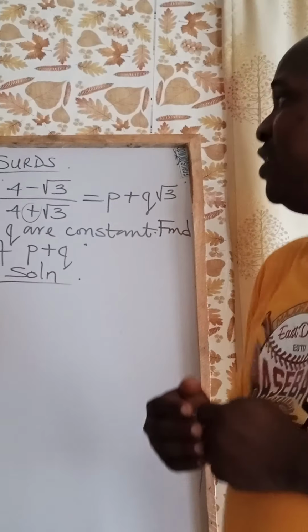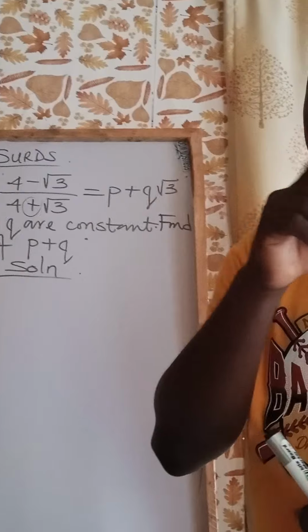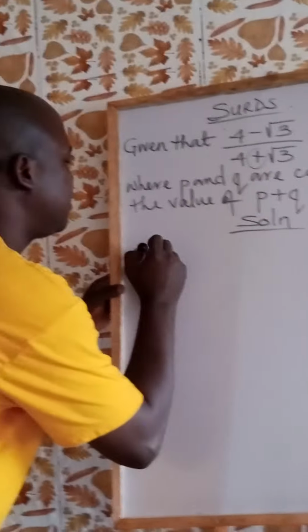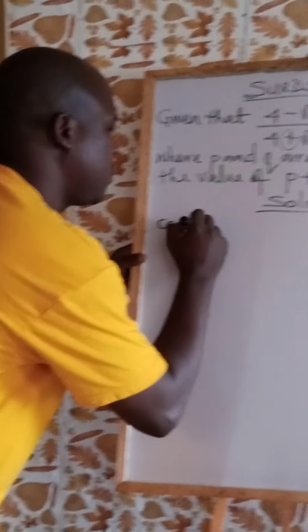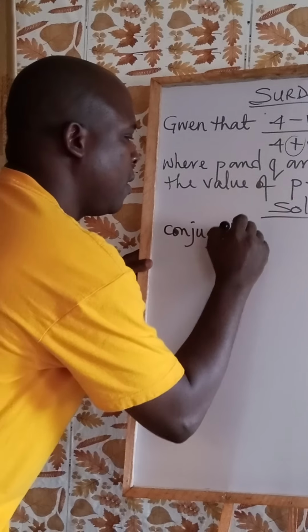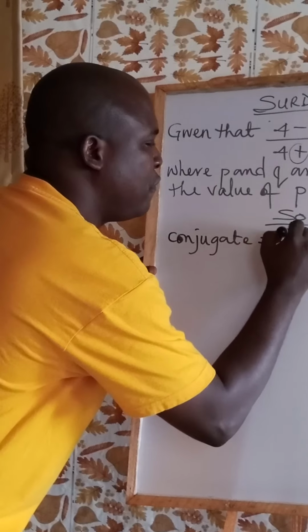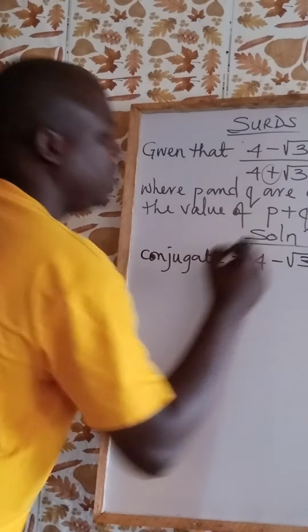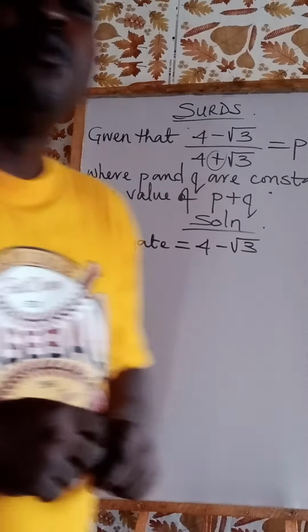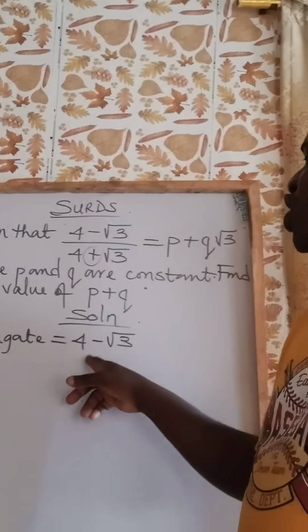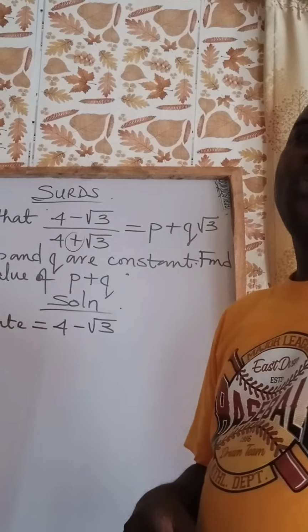So the conjugate of the denominator will be 4 minus root 3. We are now going to multiply both numerator and denominator by the conjugate, which is 4 minus root 3.